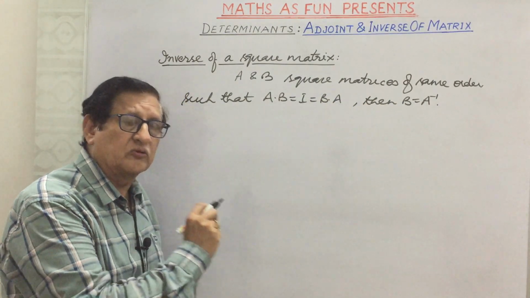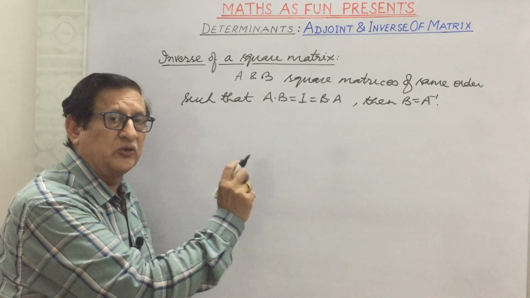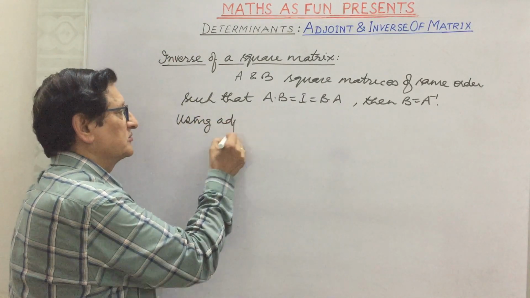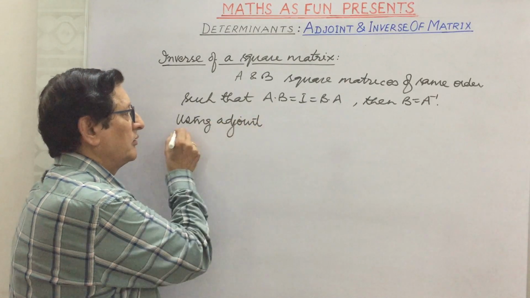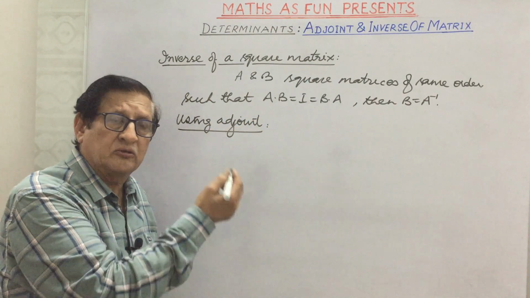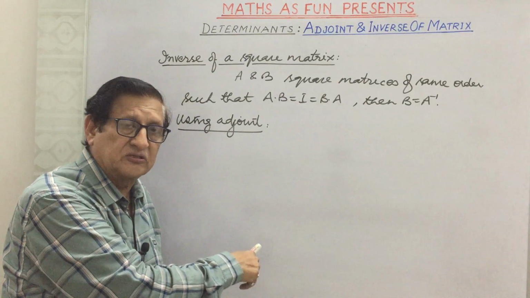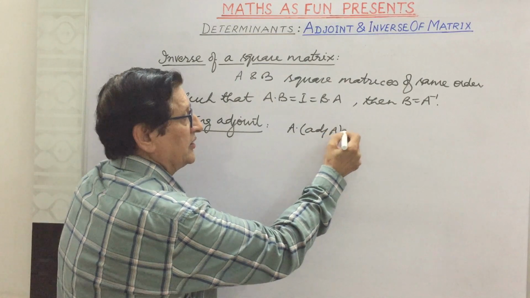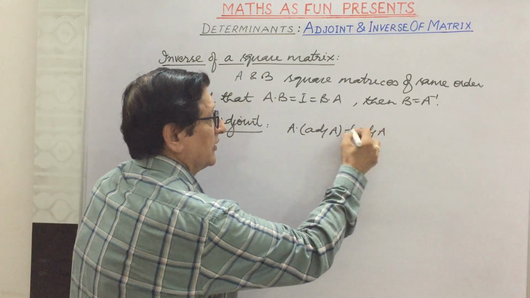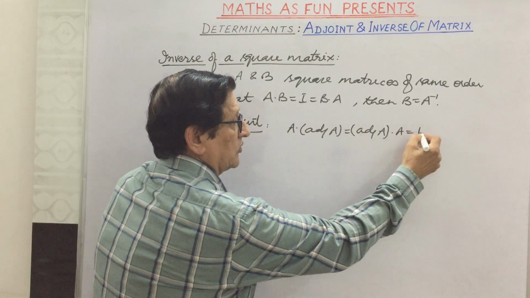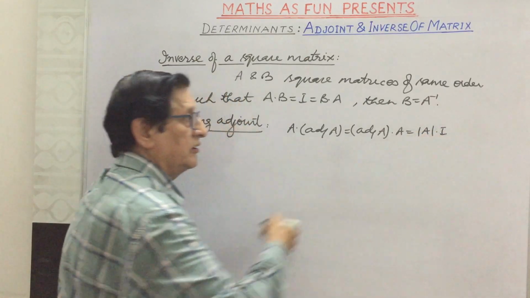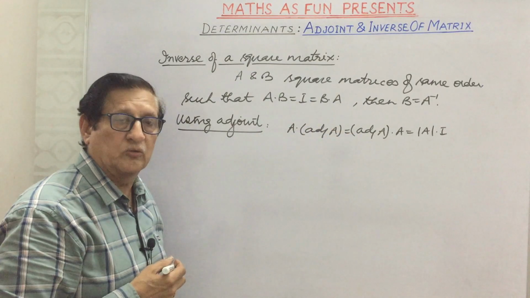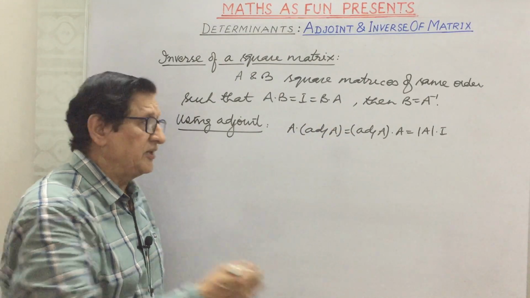Now when we want to find out the inverse of a square matrix by using adjoint, we are to remember one of the property which just now we have learnt, that A into adjoint A is same as adjoint A into A is equal to determinant A into I. And A is a non-singular matrix, means determinant A is not equal to 0. Then what we find?